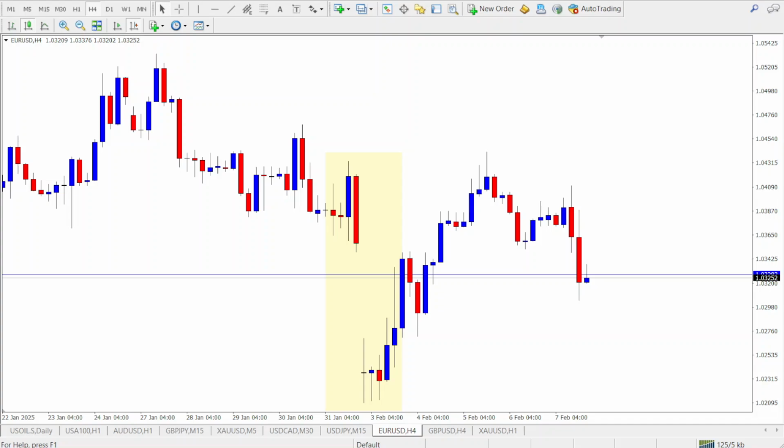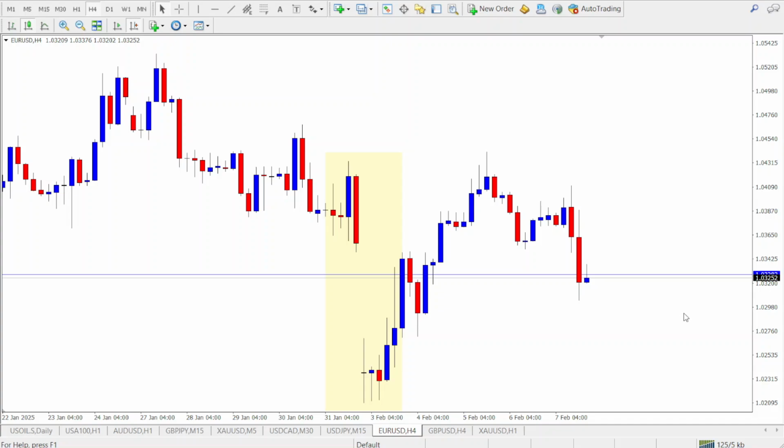Now the first strategy is the classic gap fill trade. So you have to identify a common gap where price opens away from the previous close. Then you look for signs of weakness after the open, e.g., rejection candles or wicks, right?